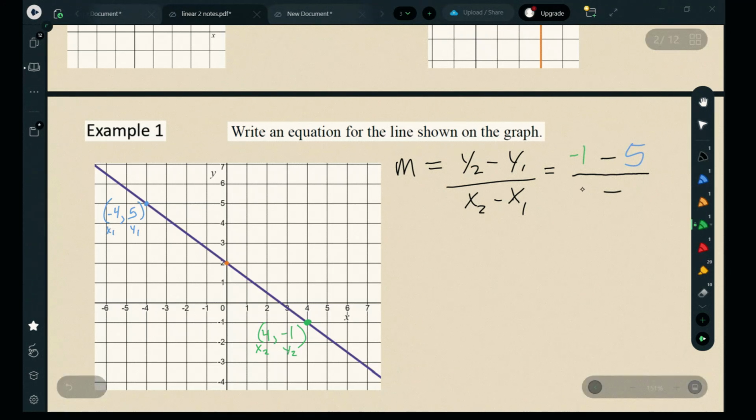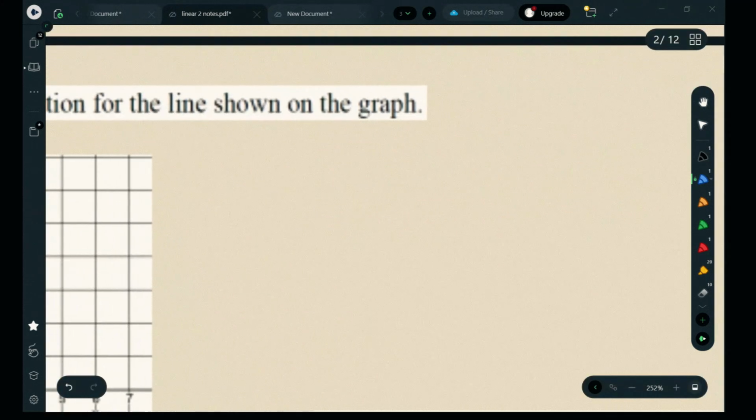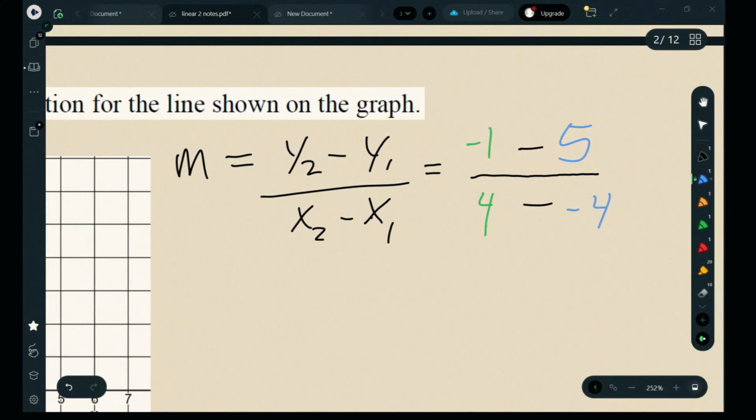On the bottom of the fraction, x2 is a 4 minus x1 is a negative 4. Let's keep the colors consistent. There we go. So there we have it on our slope formula. Now let's simplify this and see what we get.